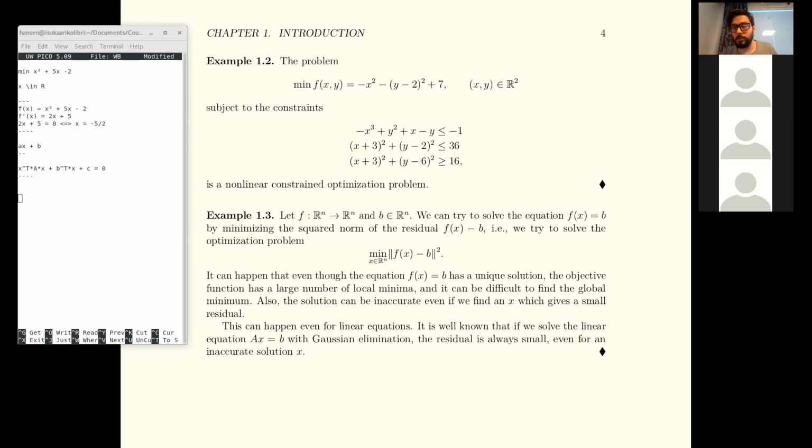Worse, it may be very far from the X with the smallest residual, even if the residual looks very small, if it doesn't have a unique solution, or a solution at all.